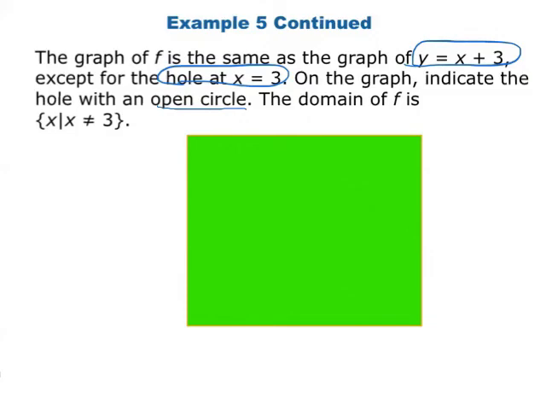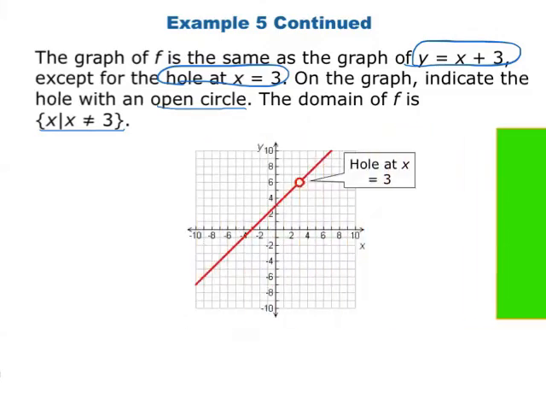So the domain of the function is any real value x not equal to 3. Here's the graph and what it looks like. I can see my graph of this line, y equals x plus 3, and I have a hole right there which I show with an open circle. And remember, that hole is there because x could not equal 3.